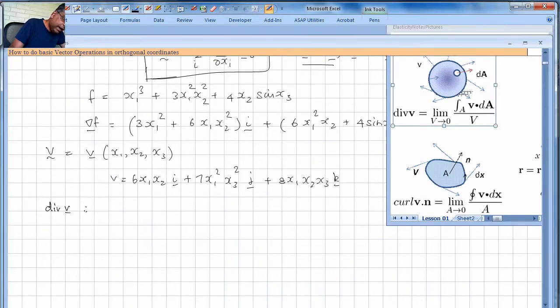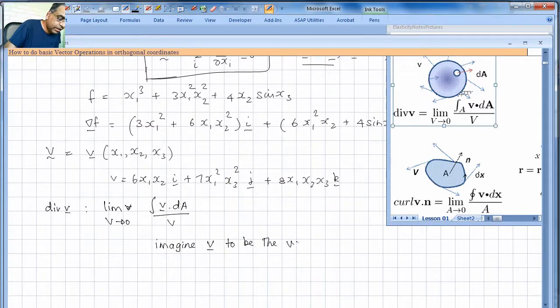Divergence of V is defined as the limit of the volume tending to 0 of the integral of V dot dA divided by volume. What does that mean? If you imagine V to be the velocity of a fluid, this is net outflow divided by volume.